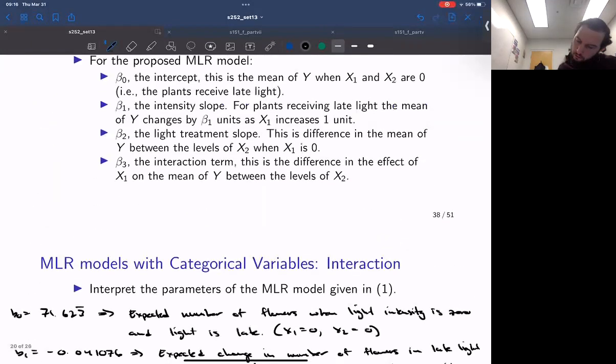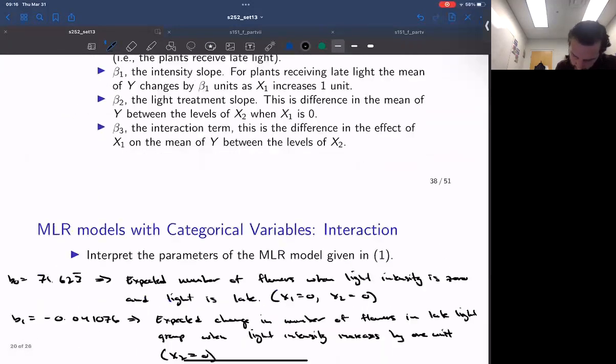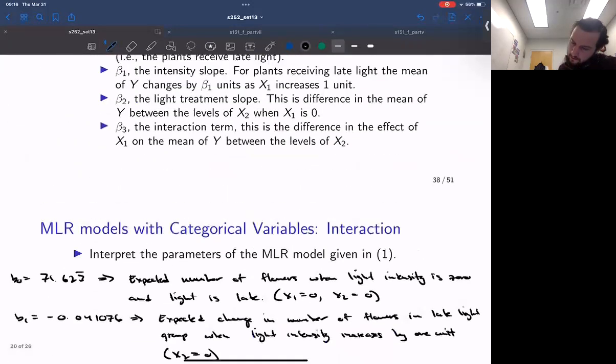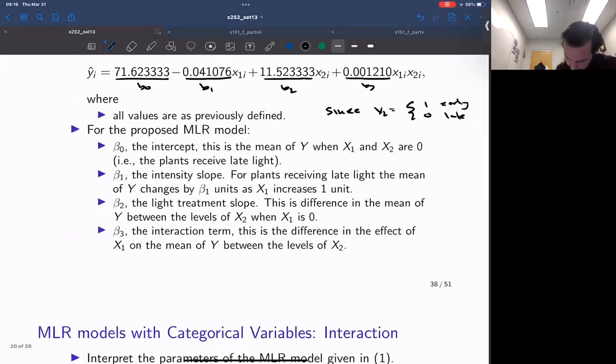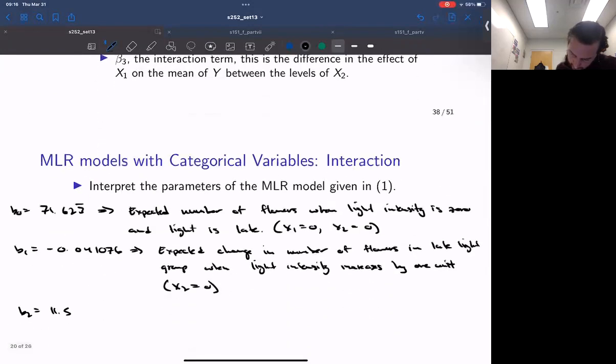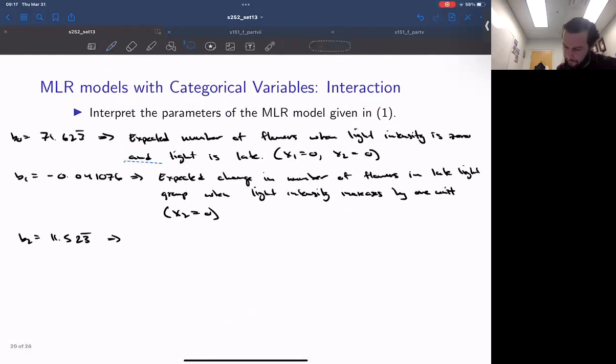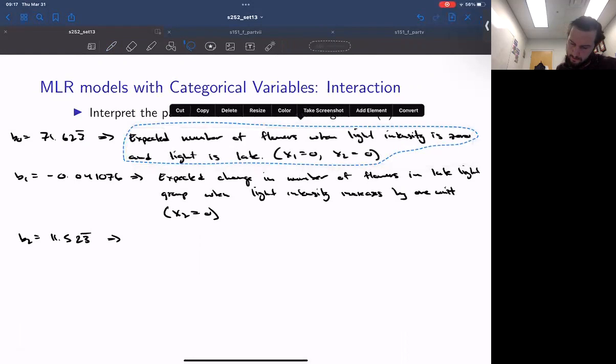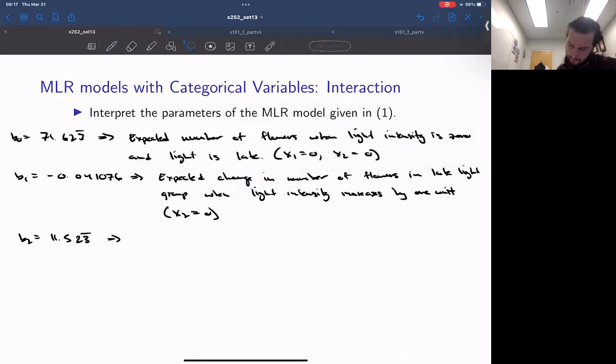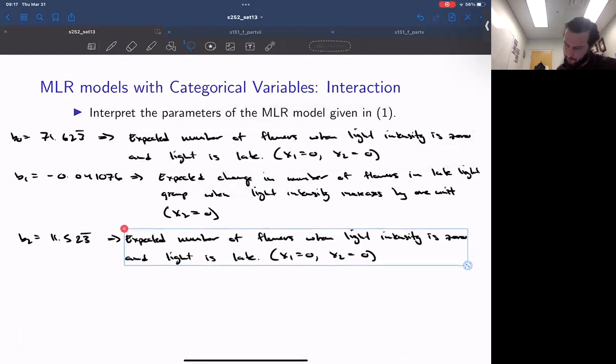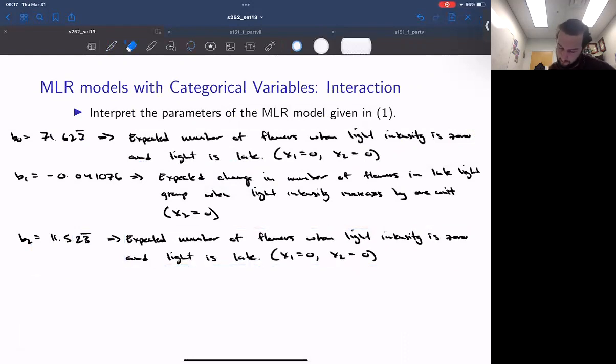All right, beta 2, 11.523. Okay, so this is the expected number of flowers when light intensity is 0 and light is early.